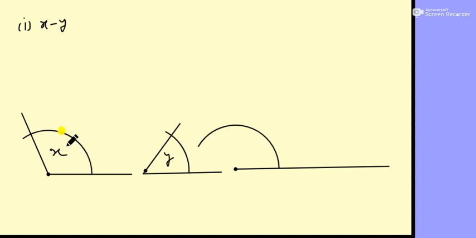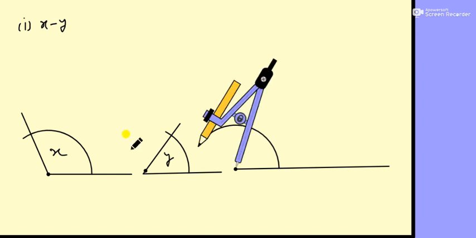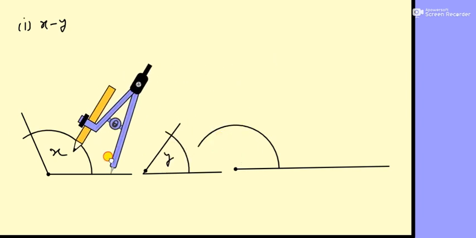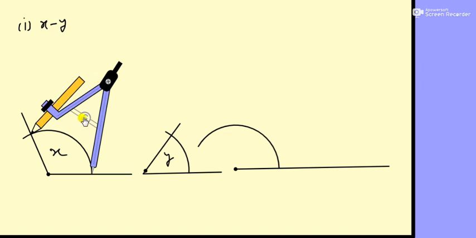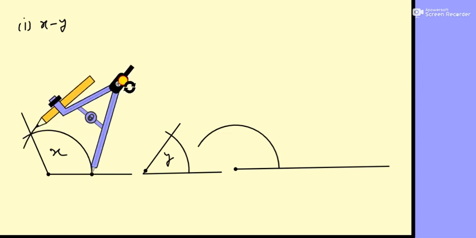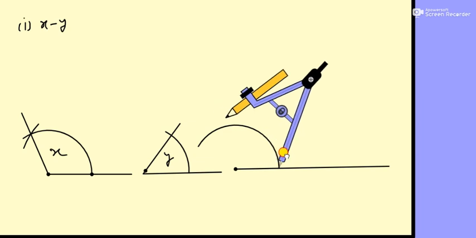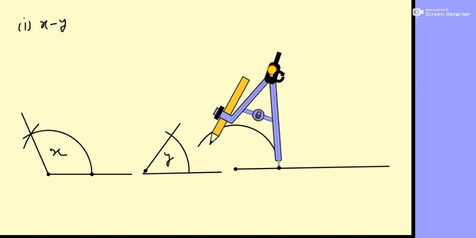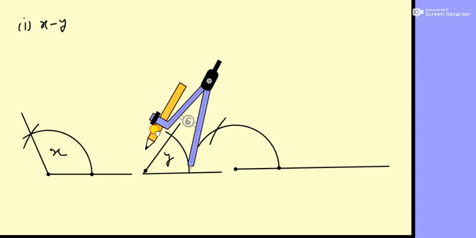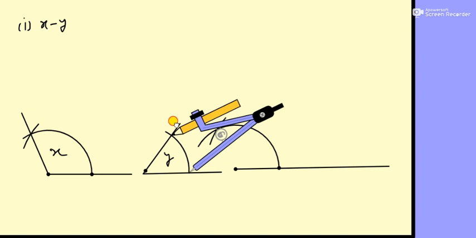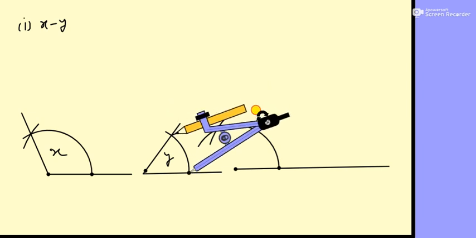Now how to do this x minus y? So let us see first once again. Take this distance with the help of a roundel or protractor. So take this distance and make an arc like this, and once again do this type of arc from here. So you can make another arc of this type, and now take the distance of y, that is the acute angle, and draw an arc like this.